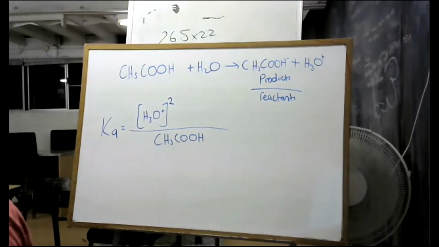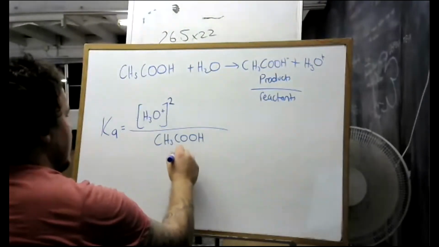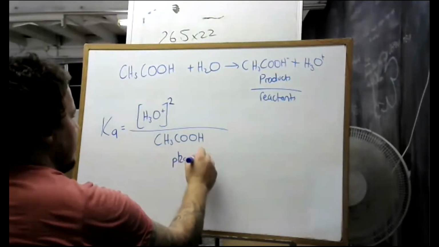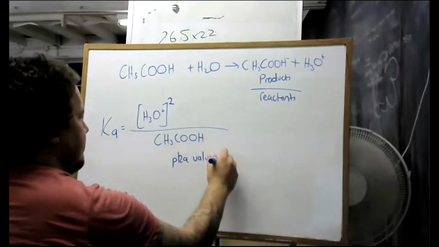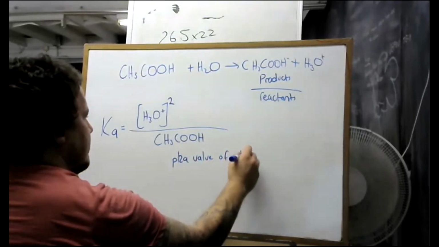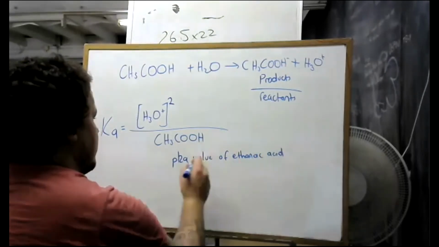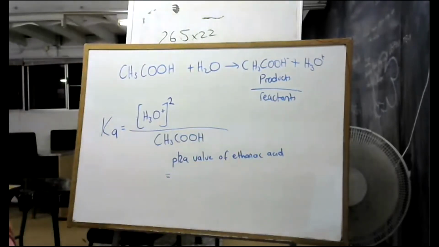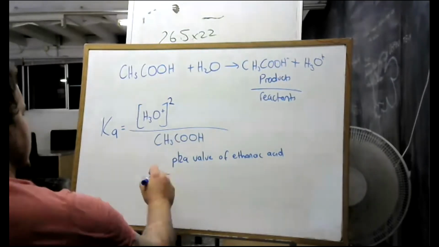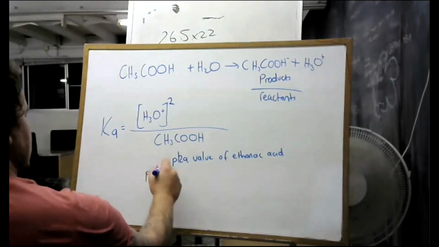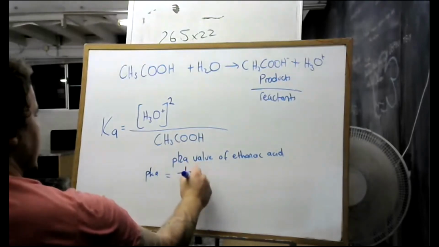Okay, so question C asks us to calculate the pKa value of ethanoic acid. This is in your formula book. So to calculate the pKa, we just take the minus log of the Ka value.